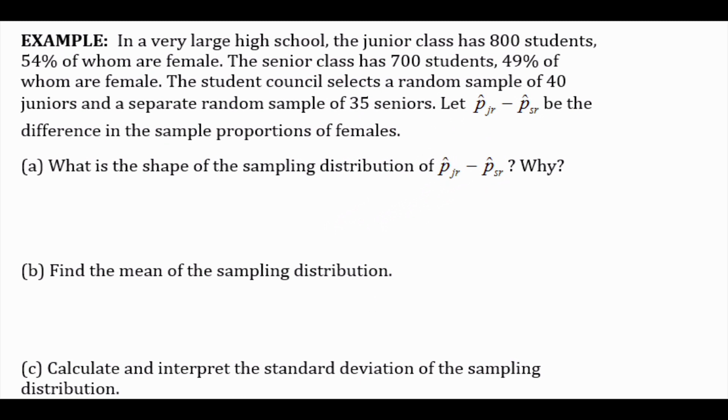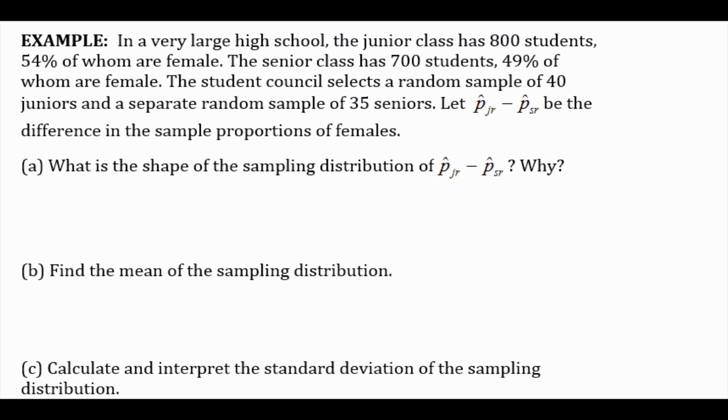The student council selects a random sample of 40 juniors and a separate random sample of 35 seniors. So let P hat sub junior minus P hat sub senior be the difference in the sample proportions of females.